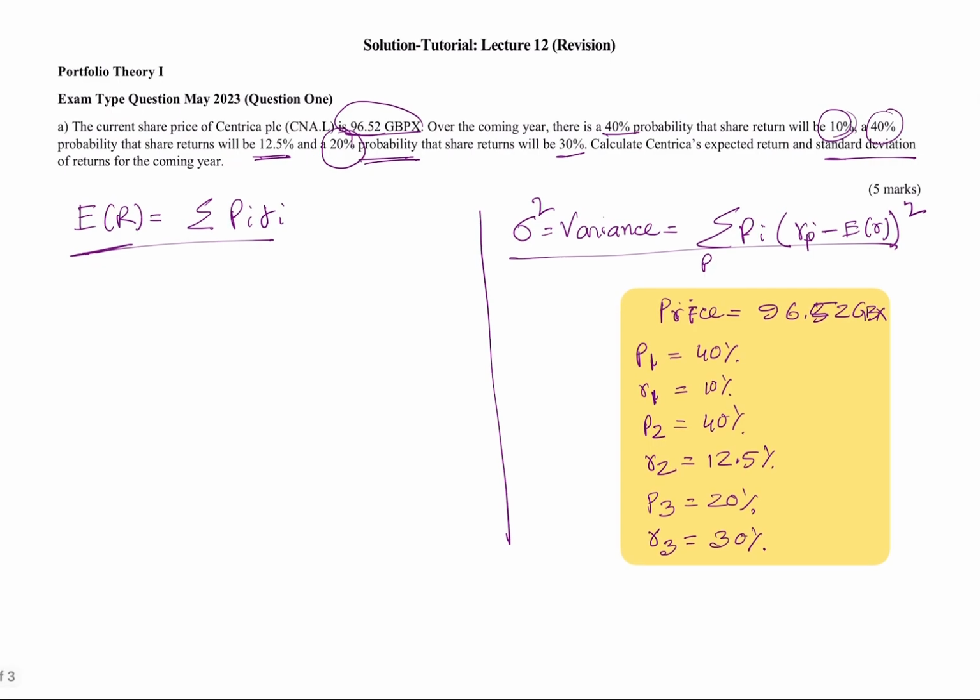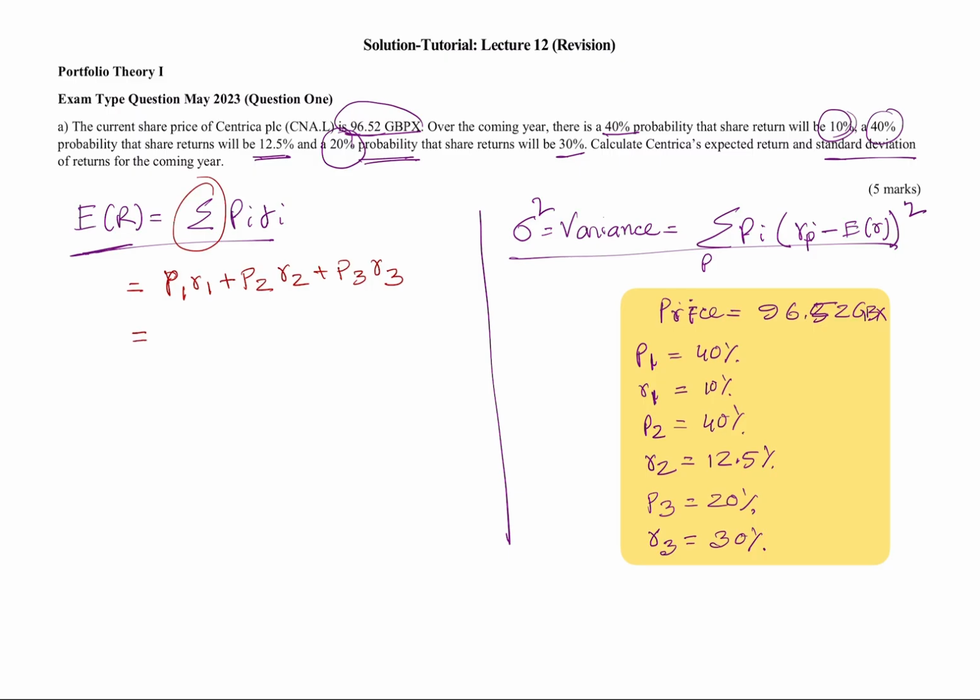If we put all this information in, the sum of Pi Ri, we're looking into three different states: P1 R1 plus P2 R2 plus P3 R3. So we're just adding them all together.